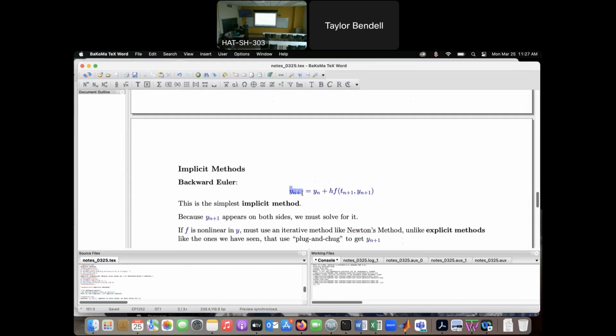With yn+1, our unknown, appearing on both sides of the equation, we have to solve for it. Now, if f is a linear function of y, then that's trivial to do. But otherwise, we have to use some iterative method, like Newton's method or maybe fixed point iteration, to take a time step.